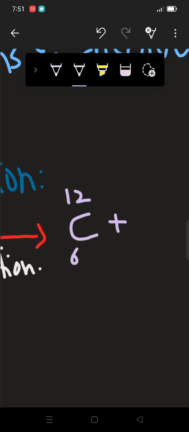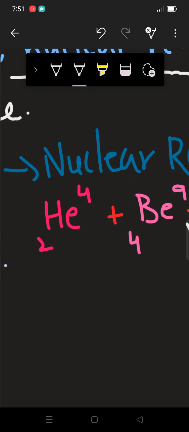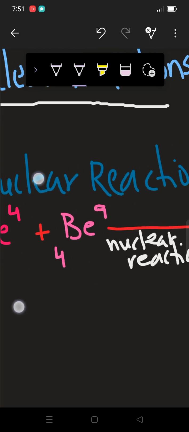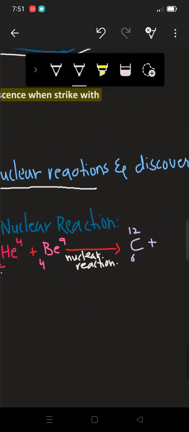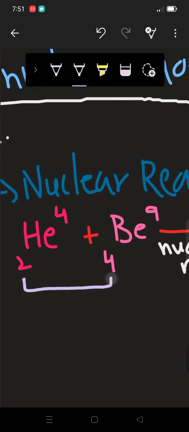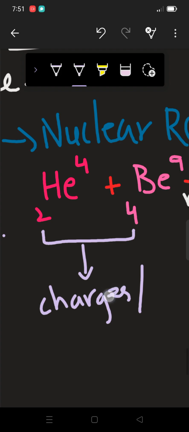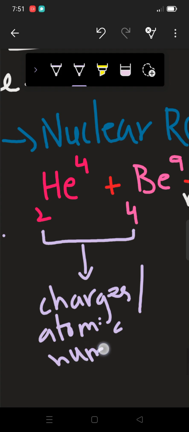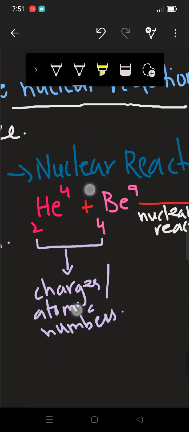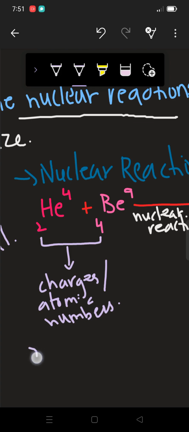Now how is this carbon produced, let's check that first. As you can see, 2 plus 4, these are basically charges, right? 4 are the protons in the beryllium and 2 are the protons in the helium. These are charges, or you can say atomic numbers, right? So when you add these both, you get 6.